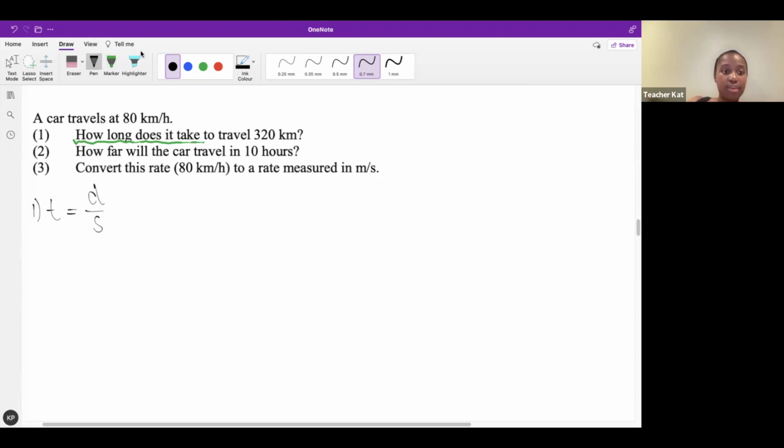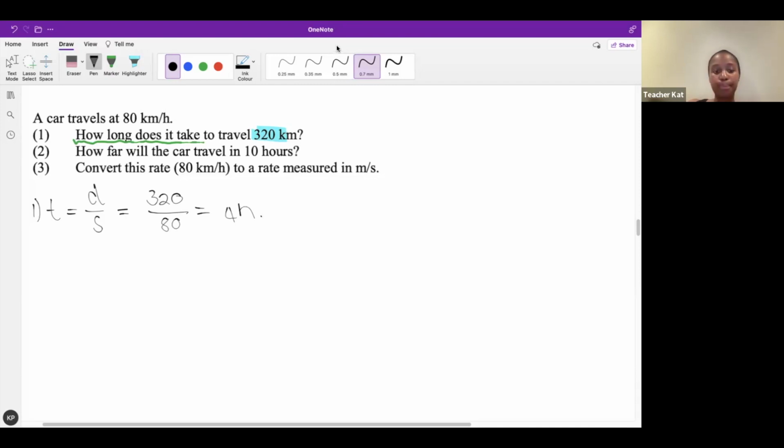Now they've given us a distance of 320 kilometers. They're both in kilometers, so that's fine. So 320 over my speed, which was 80. How many hours did it take to travel this distance at that speed? 4 hours.